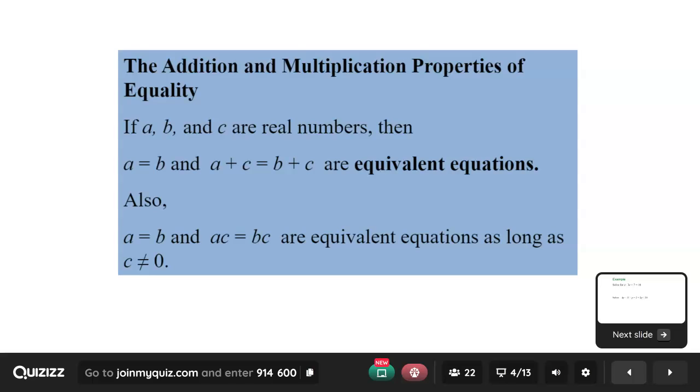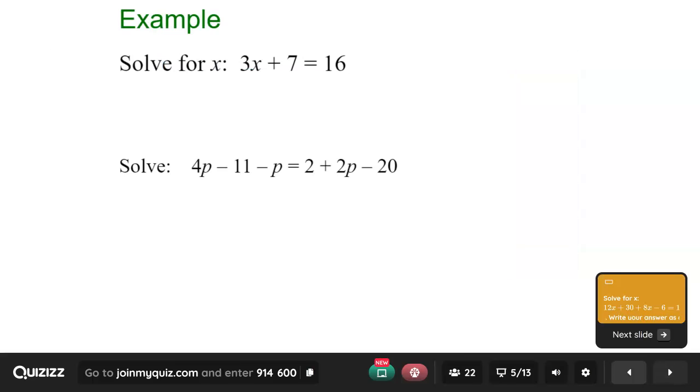Everything has to have equal opportunity on both sides of the equation. I can add 10 to both sides of my equation, and it's still the same equation. I can divide by 27 on both sides of my equation, and it's still the same equation. We use the property of equality to isolate the variable and get the variable by itself.